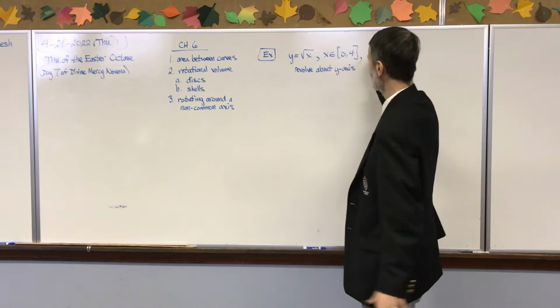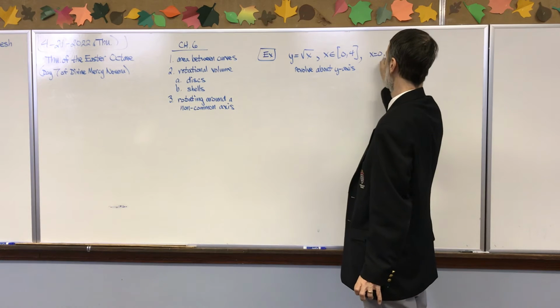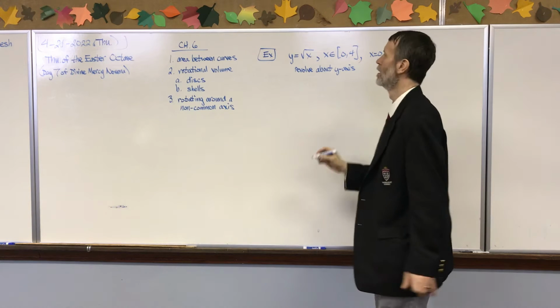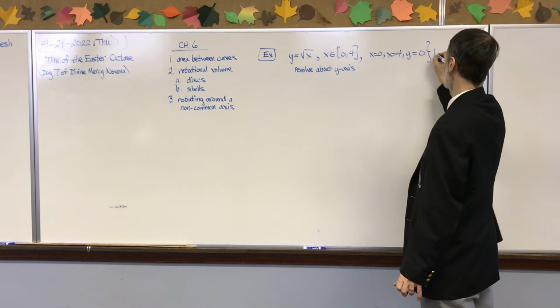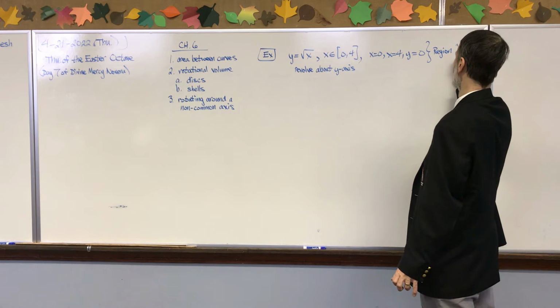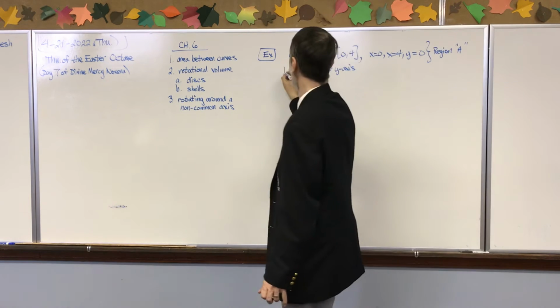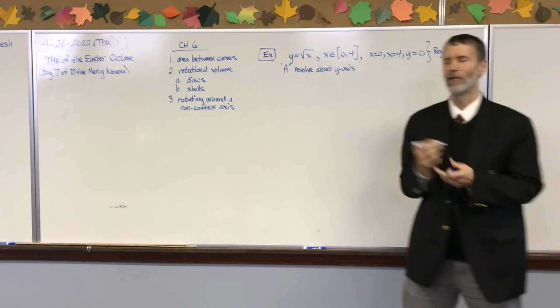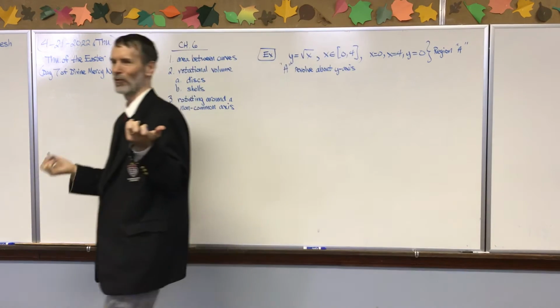I also want to use the equations x equals 0, x equals 4, y equals 0. This whole thing will give you what I would call region A. We're going to take region A and revolve it around the y-axis. So your very first chore is to graph this thing and find out what the region looks like.